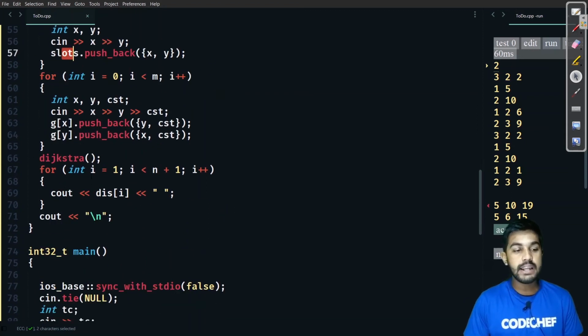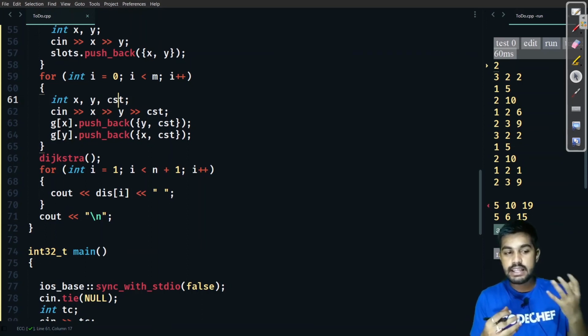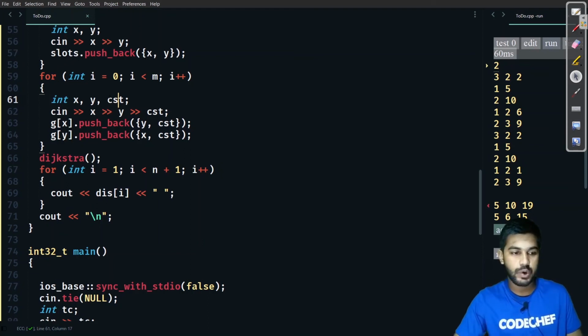Then we read x, y, and cost. This means that there exists a path between x and y with a cost of cost. We are pushing it bidirectionally, so on both ways.